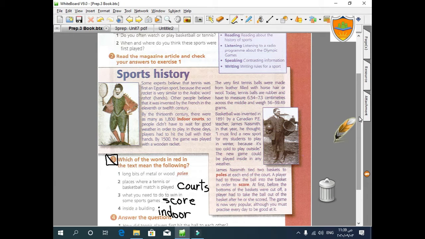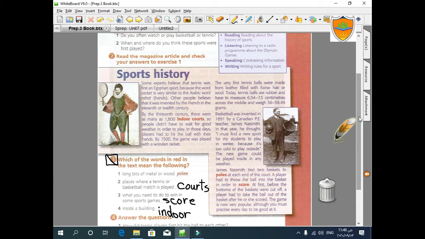The very first tennis balls were made from leather, filled with horse hair or wool. Today, tennis balls are rubber and have to measure 6.54 to 7.3 centimeters across the middle and weigh 56 to 59.49 grams.